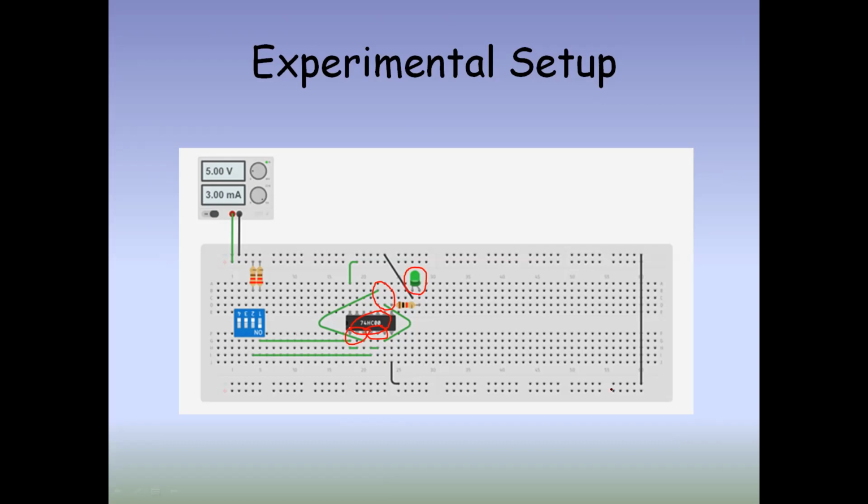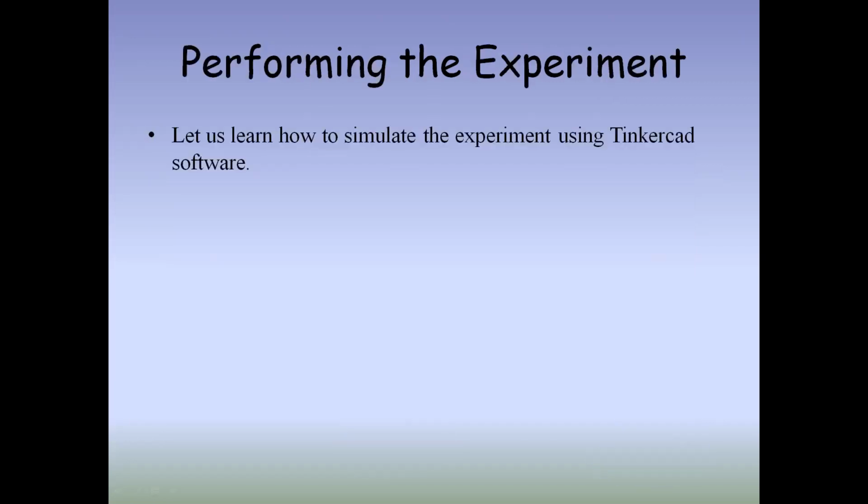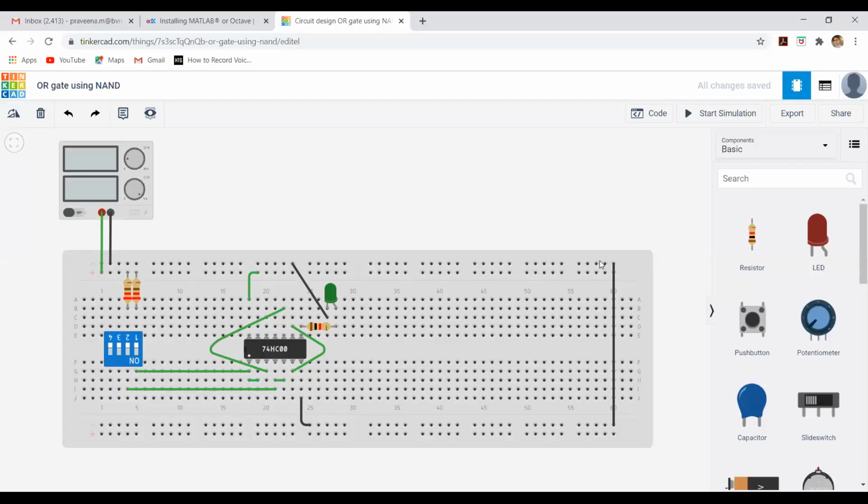Now we will see how to perform this particular experiment in Tinkercad software. This is the setup which I have already shown you. Now, as we always do, click on the Start Simulation button.